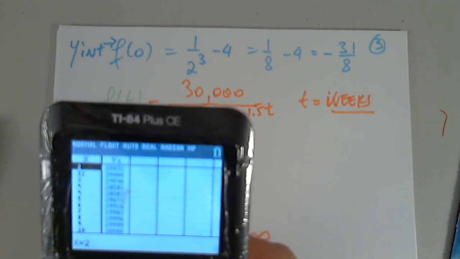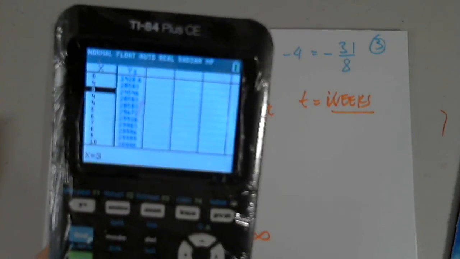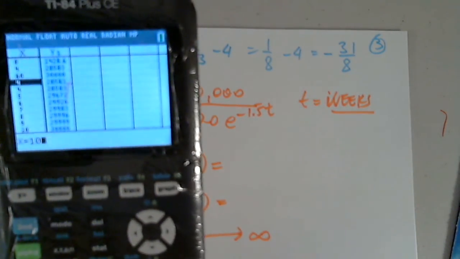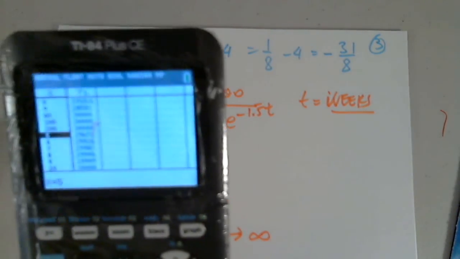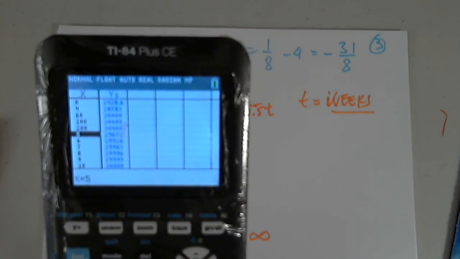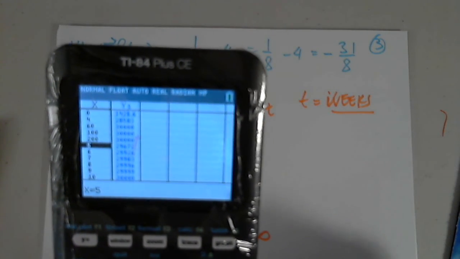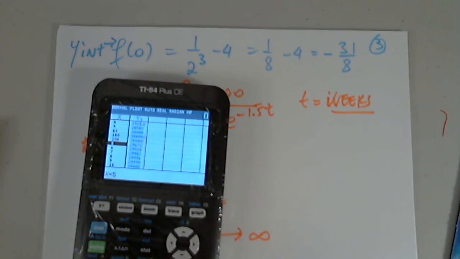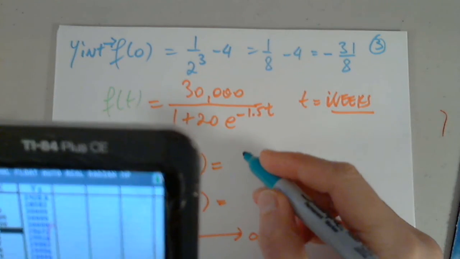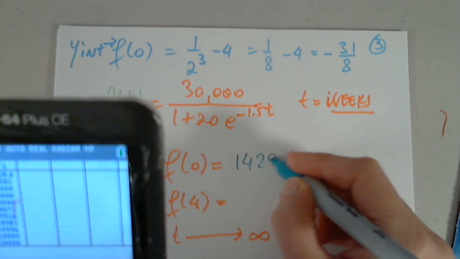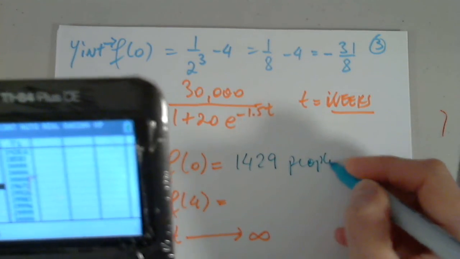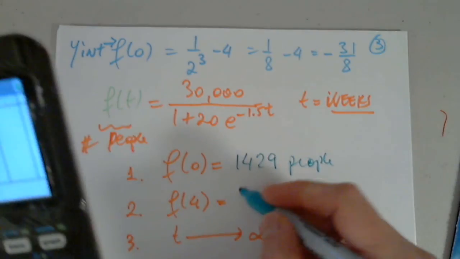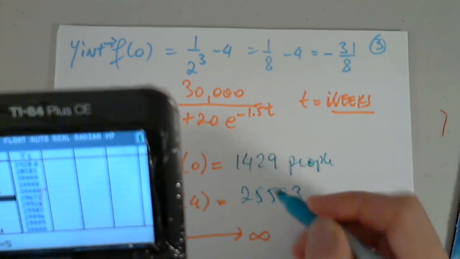Then we go to second and table, and we plug in 0, we plug in 4, and for the limiting size of the population, put in 60 weeks, 100 weeks, 200 weeks, and tell me the answers, please. At 0, I found 1, 4, 2, 9 if you want, people. If I have 0.6 of a person, I don't have a person, but okay, algebraically we can write that. 28583.